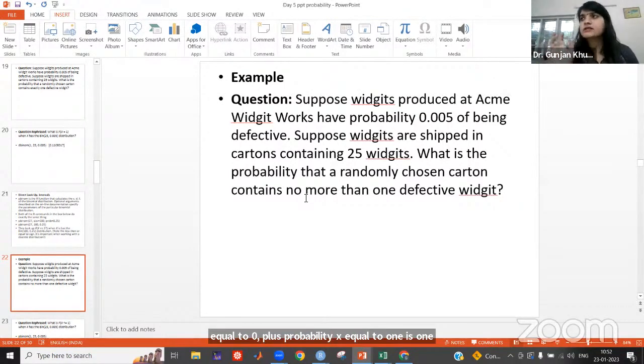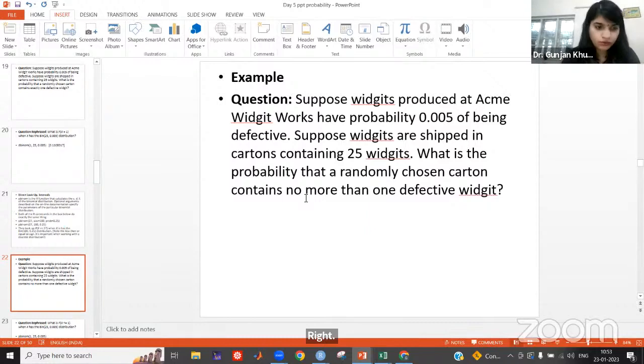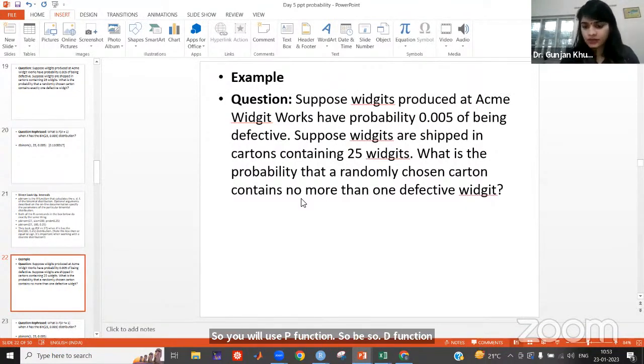So probability x equal to 0 plus probability x equal to 1 is one answer. You will be using the d function, or you can use the p function for less than or equal to 1. The d function you have to write 2 times, but p you can calculate directly.